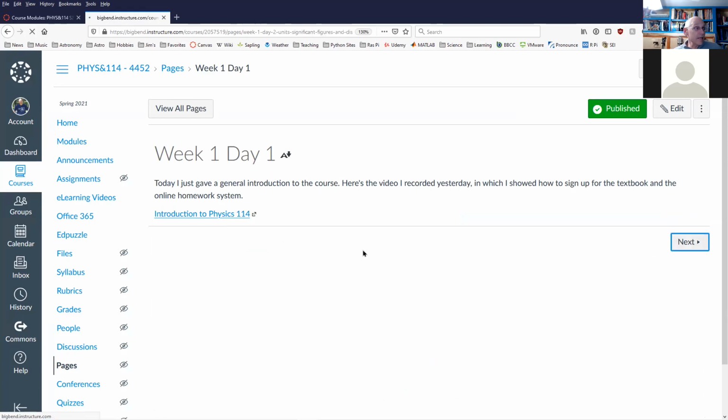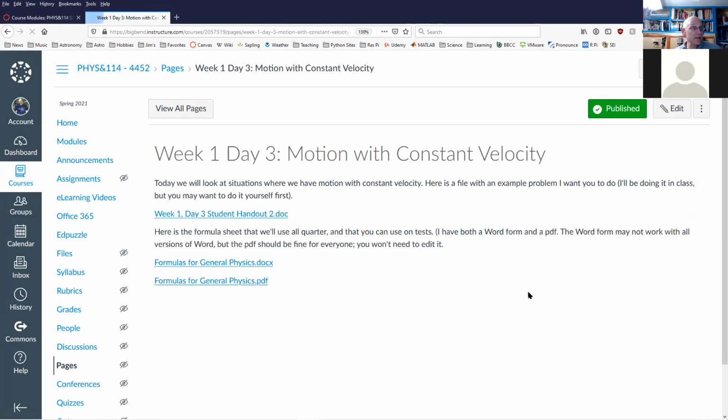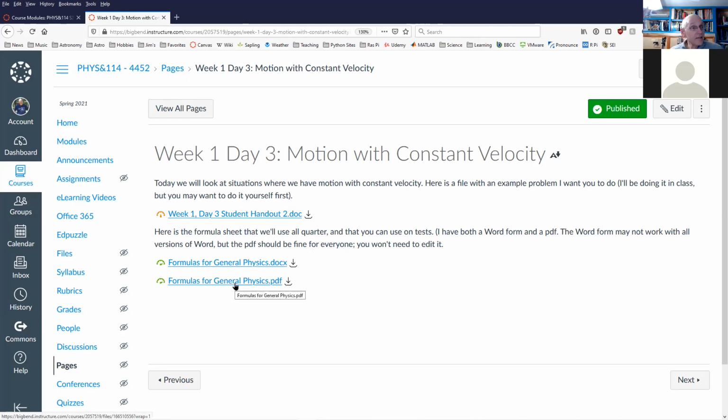And then day 2, I think all I've got on there is just the video. Again, I was just doing things live. But today, there's a student handout for today that you can print off. And then there's the formula sheet as well. And after class today, once I get the video processed and uploaded to YouTube, then I can put a link to it here. So that's all there'll be on there.